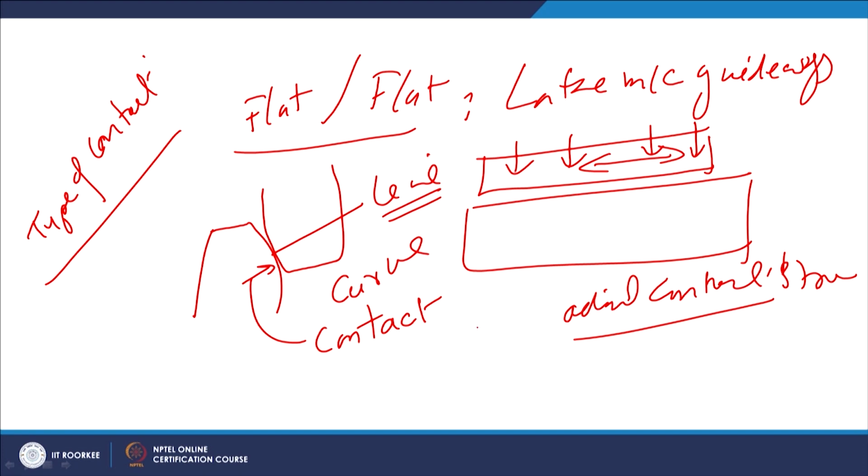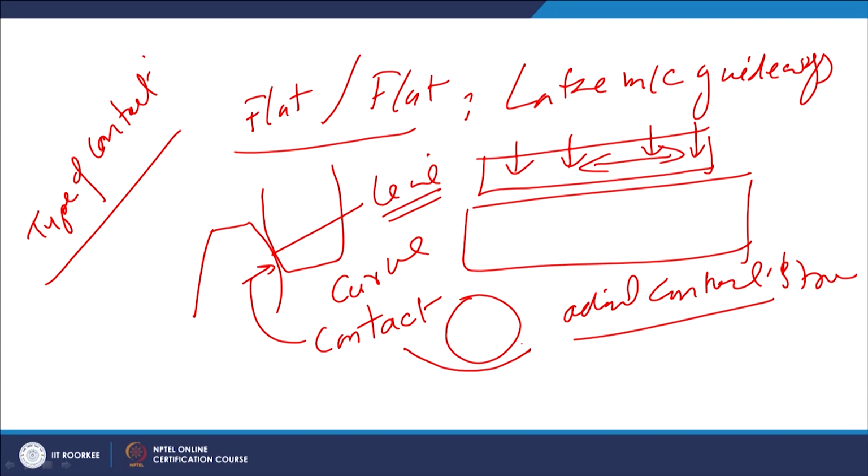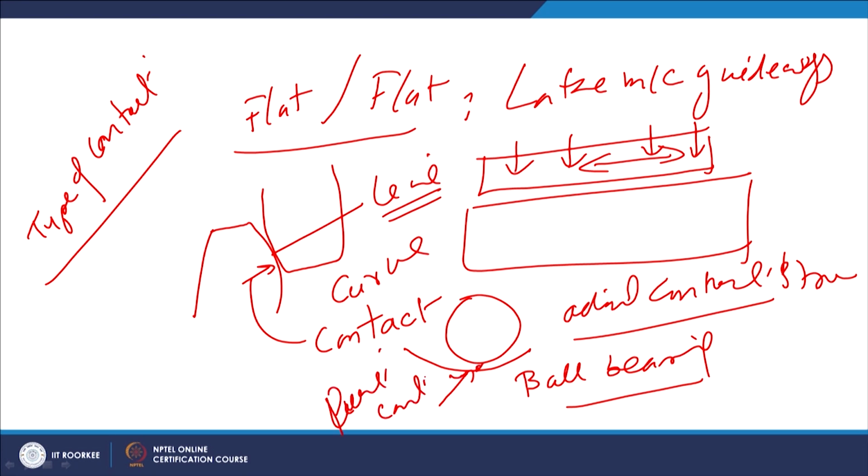And there can be another possibility where one ball is in contact with another curved surface. This happens in case of the ball bearings. So, where a ball is in contact with the curved surface like the bearing race, in this case it will be point contact. In case of the roller bearing, it will be the line contact.